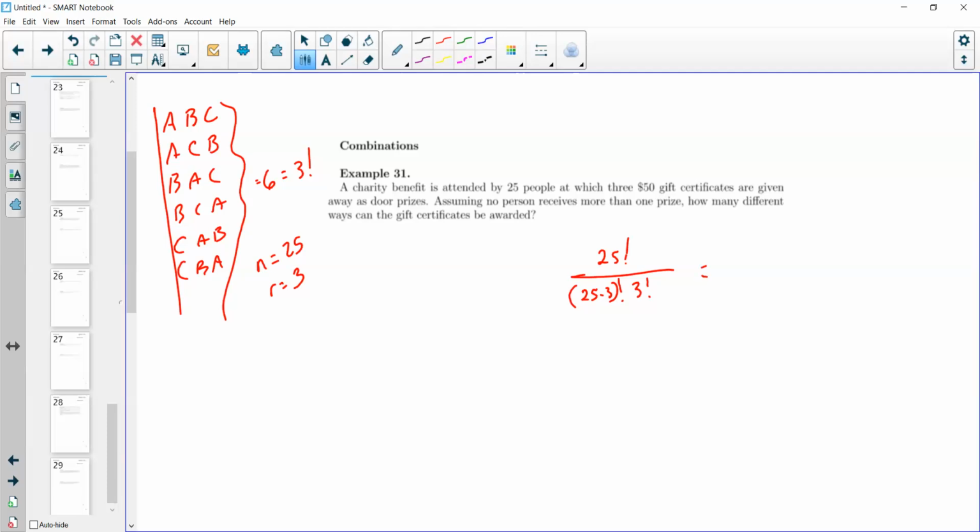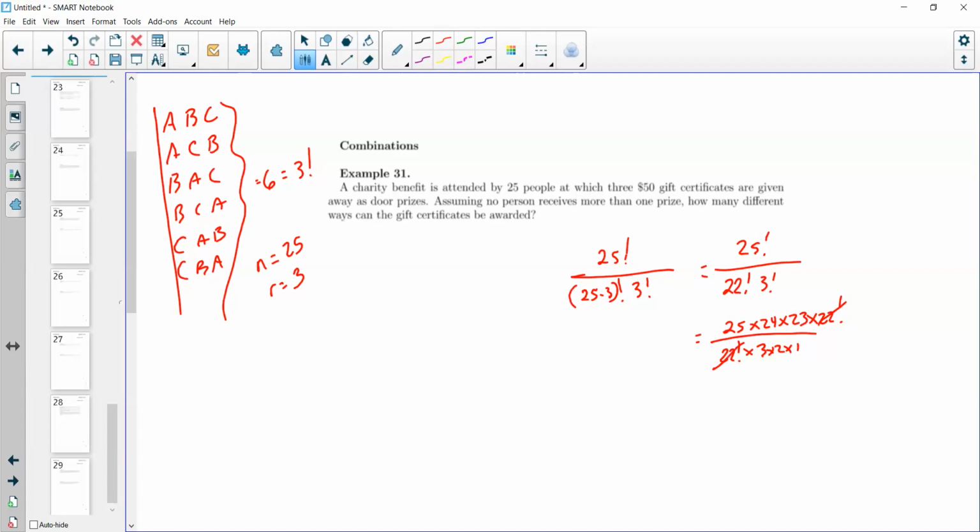And then we would calculate it the same way: 25 factorial over 22 factorial times 3 factorial. We have 25 times 24 times 23 times 22 factorial over 22 factorial, and this is 3 times 2 times 1.